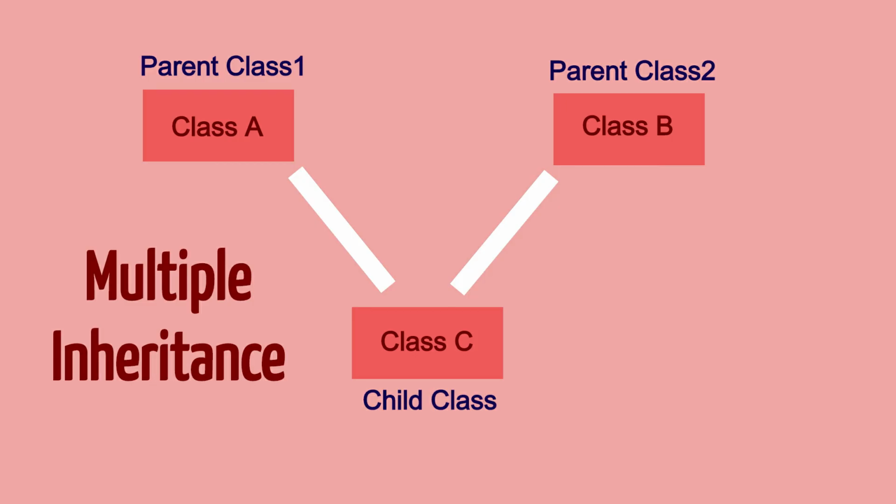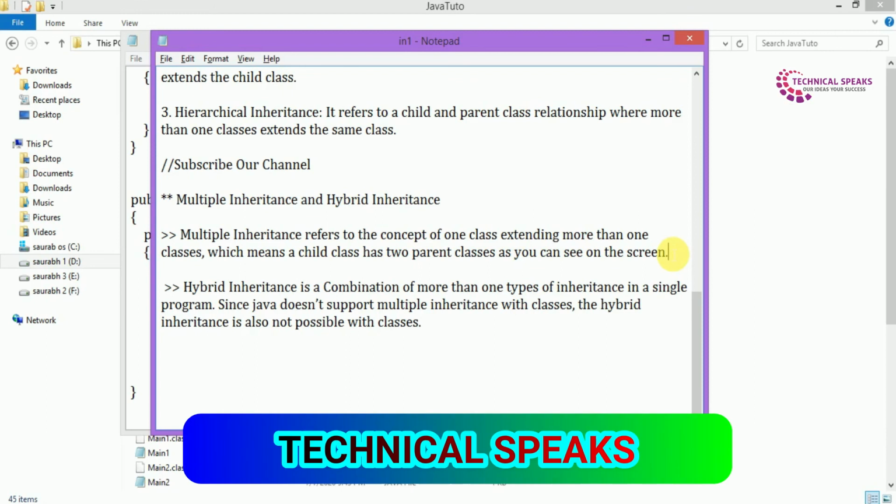For example, class C extends both classes A and B. The thing is Java does not support multiple inheritance. In Java we can achieve multiple inheritance only through interfaces. We will learn about interfaces in later videos.